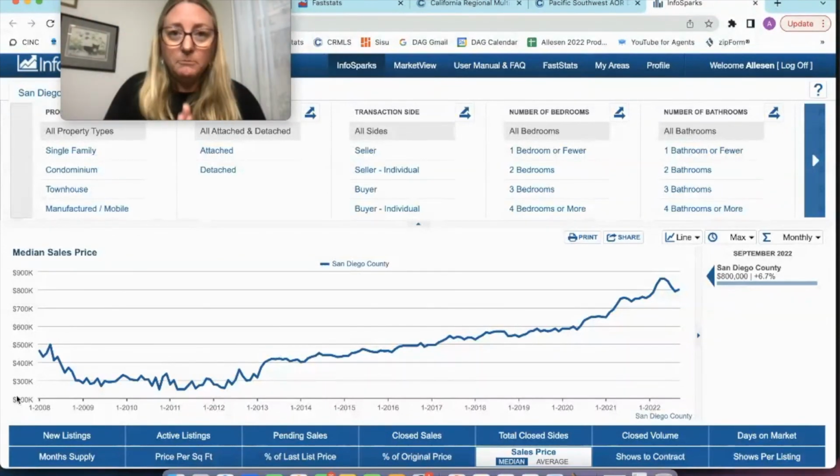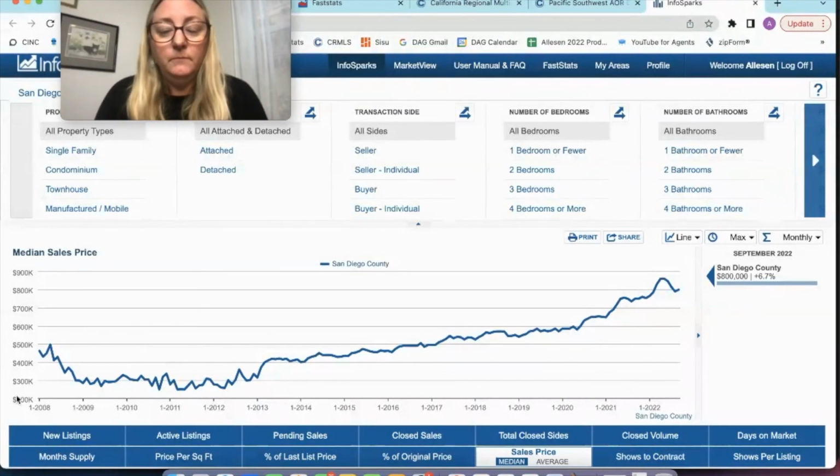So if you get in the market and wait, instead of waiting to get in the market, you're going to win. Now, if you're only going to own the house for 2 or 3 years, maybe you don't buy. But if you can buy it, and even if you only live in it for 2 or 3 years and then you can rent it out, it's still probably a good decision.